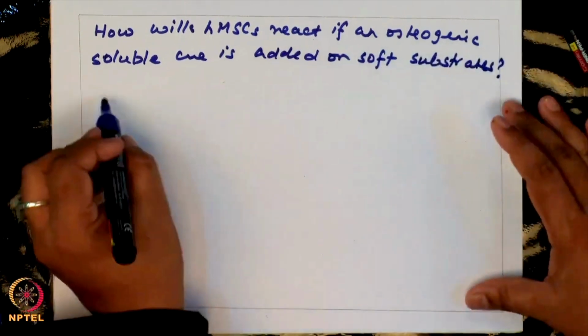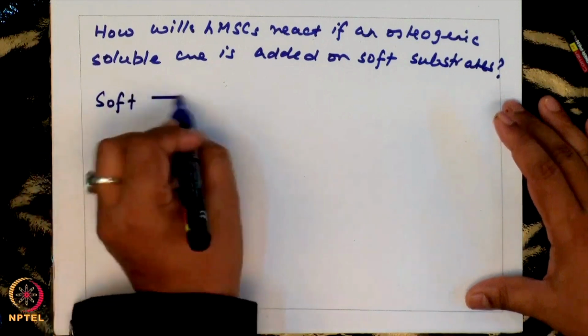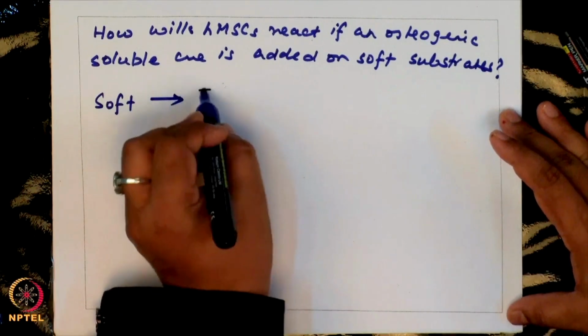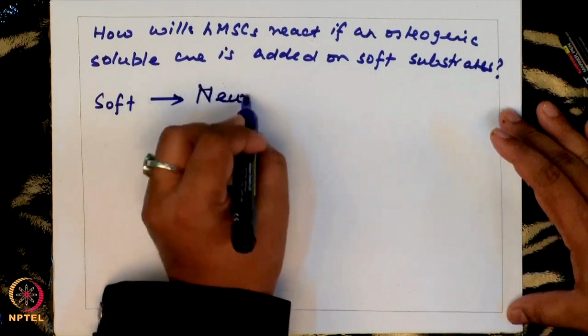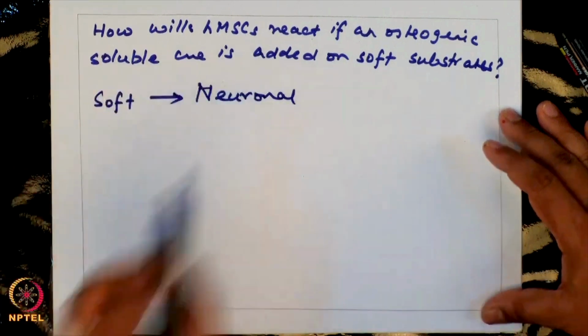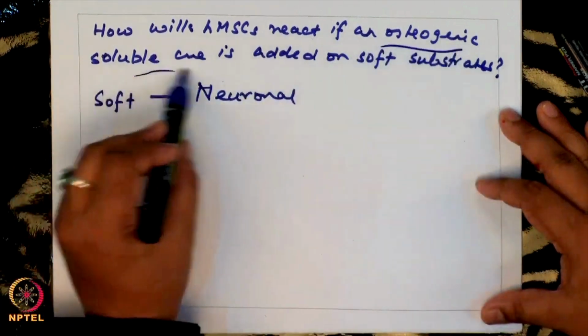Okay. So, on soft, the cells, from the physical cue, tend to differentiate into neuronal lineage, right, and you are confusing the cell by putting an osteogenic soluble factor.